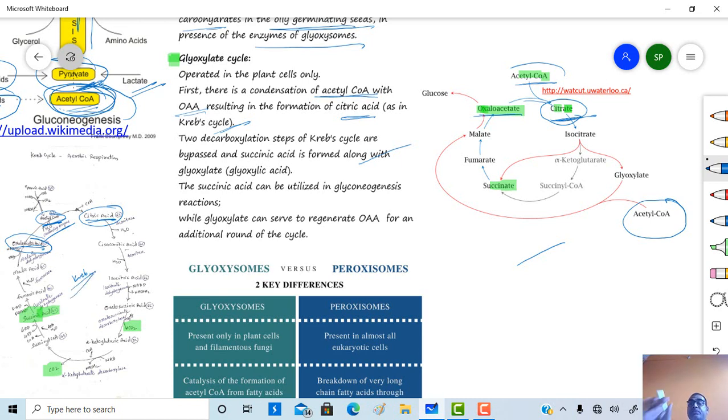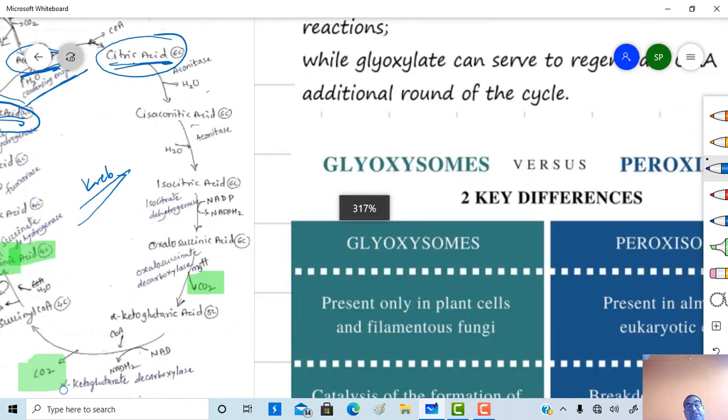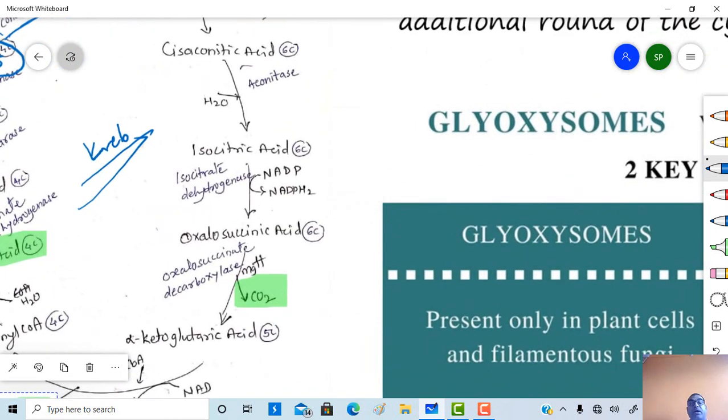Two decarboxylation steps of the Krebs cycle are bypassed and succinic acid is formed along with glyoxylic acid. So here citric acid produces succinic acid along with glyoxylic acid. Two decarboxylation processes are bypassed.